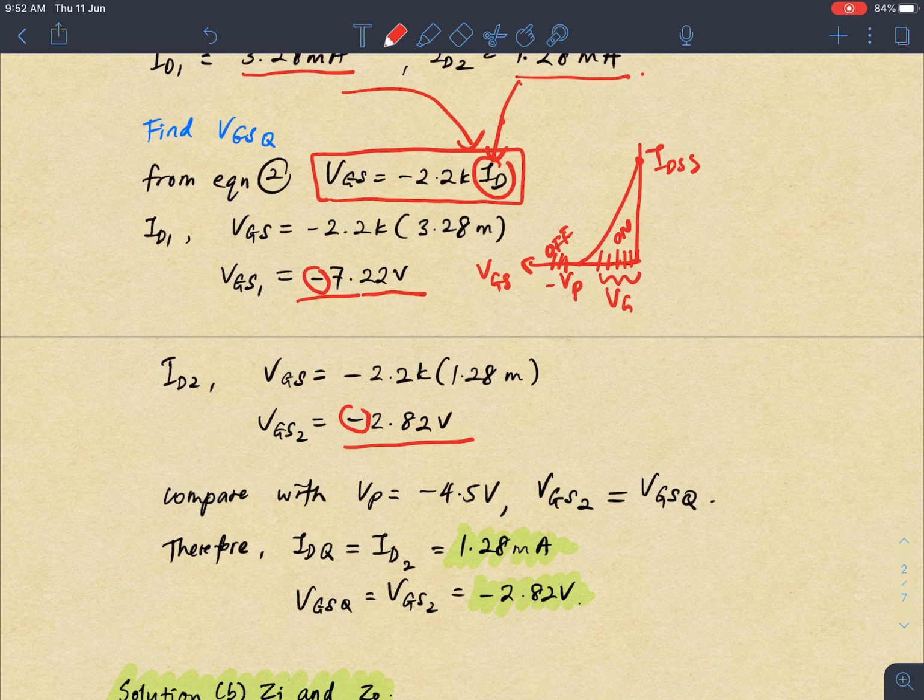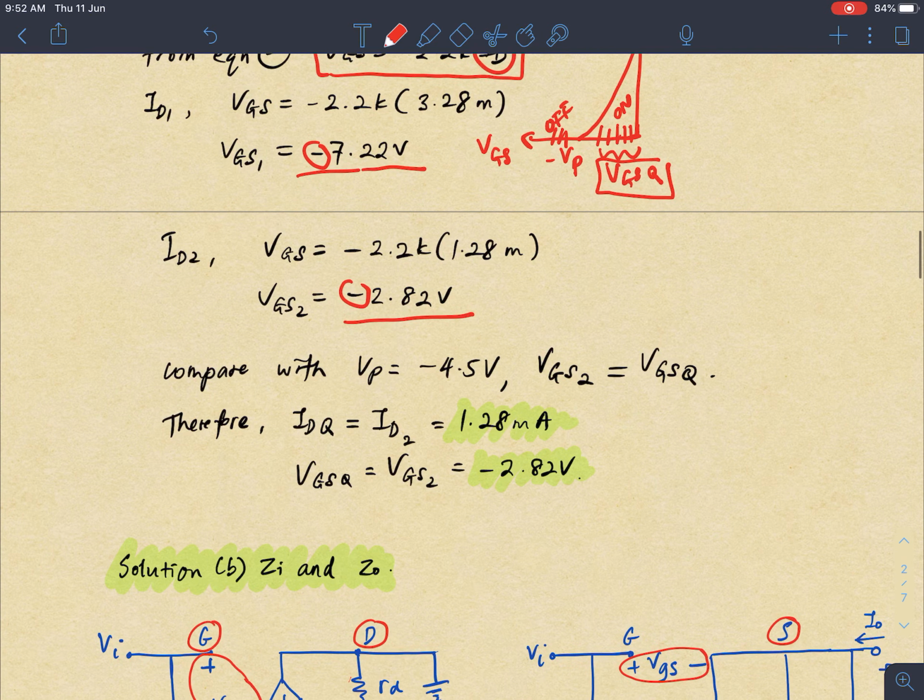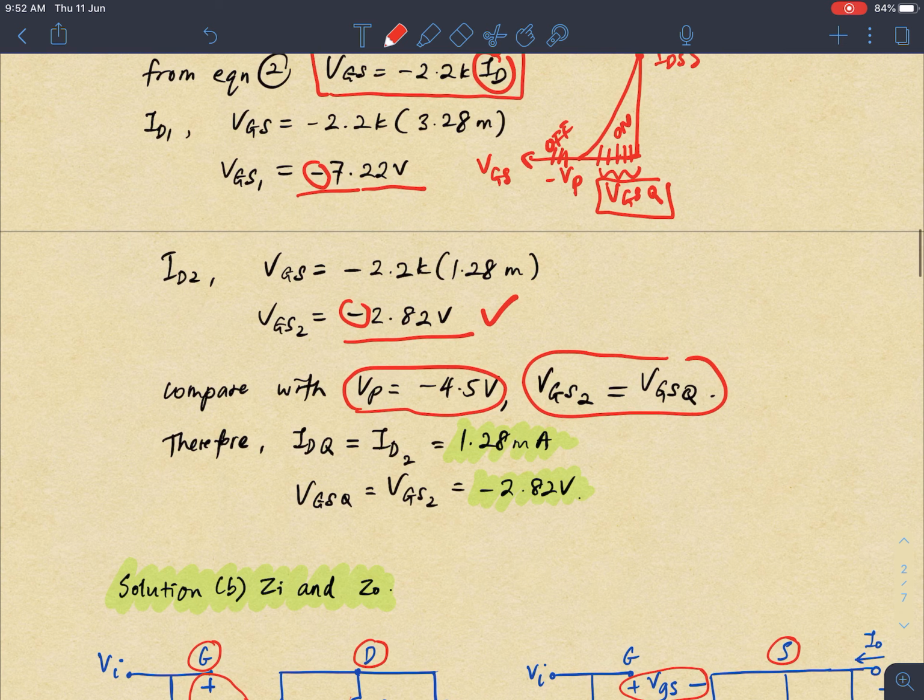So VGSQ must be somewhere here. When we compare with VP, our VP is negative 4.5, so the valid value is VGS2. So now VGS2 becomes VGSQ. It means the Q point is somewhere around here. So we get this answer.